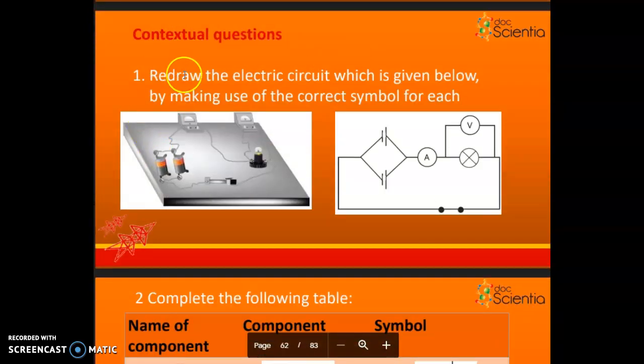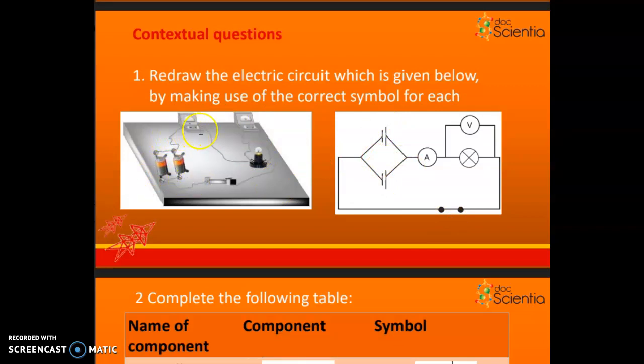Contextual questions. Redraw the electric circuit which is given below by making use of the correct symbols for each of the following. So here we have, it's confusing, right? So here we have the cells. They're not connected in series, but like that. So here we have the cells, 1 battery, 2 batteries.